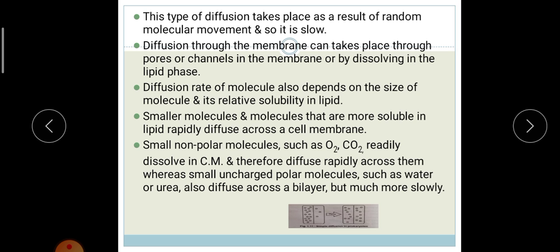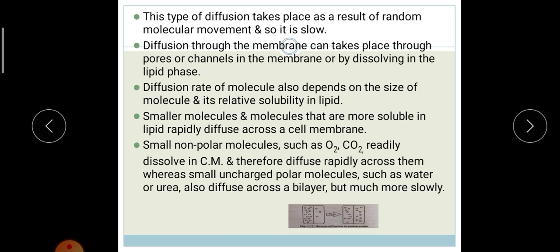Now pores or channels means the proteins are there, and through them the specific molecules will get transferred, or in another way it will get transferred by dissolving into the lipid bilayer. त्या specific phospholipid bilayer मध्ये ते specific molecule diffuse होतील आणि मग transfer होतील.